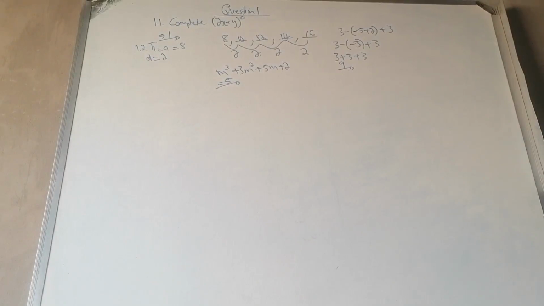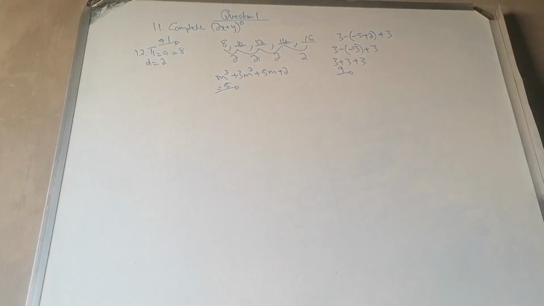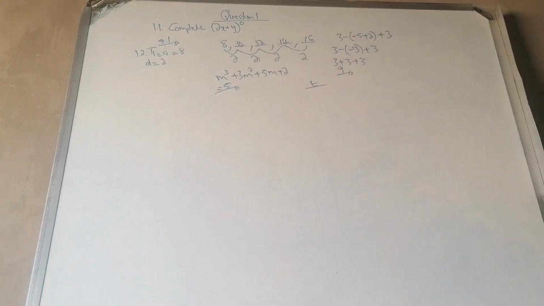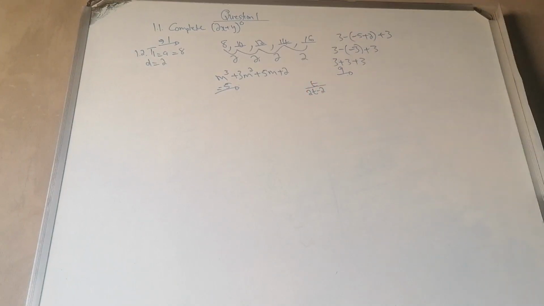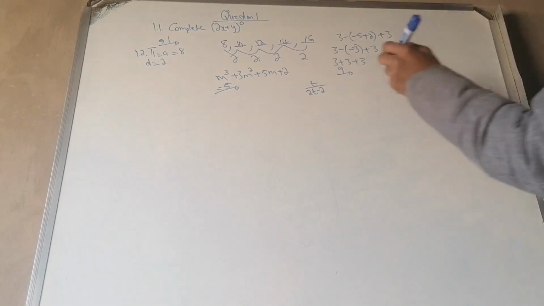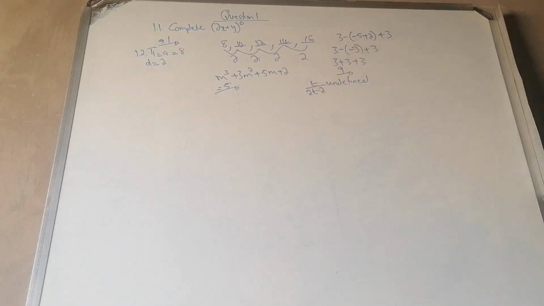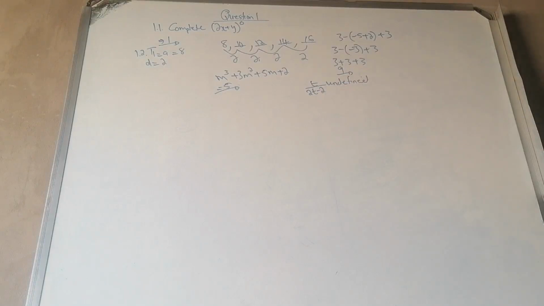For which values of t is t divided by 2t minus 2 undefined? In order to find the answer, you look at the denominator and equate it to 0.